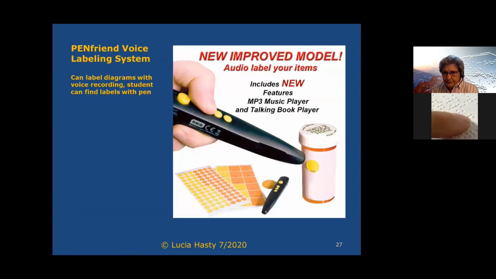This is a pen friend, and it's similar to the Echo Pen kinds of things, and it was actually developed in the UK for reading labels on medicine bottles. However, it'll read a label on whatever you put a label on.